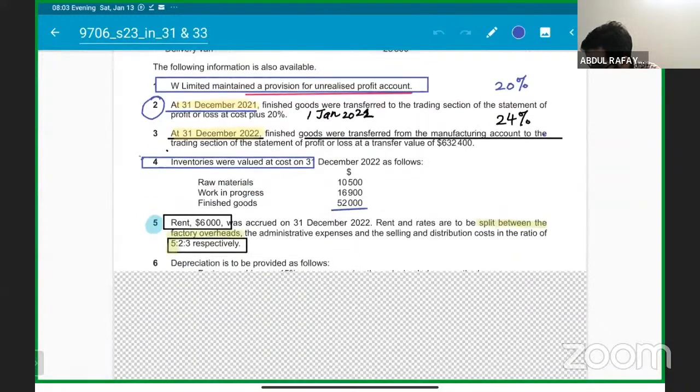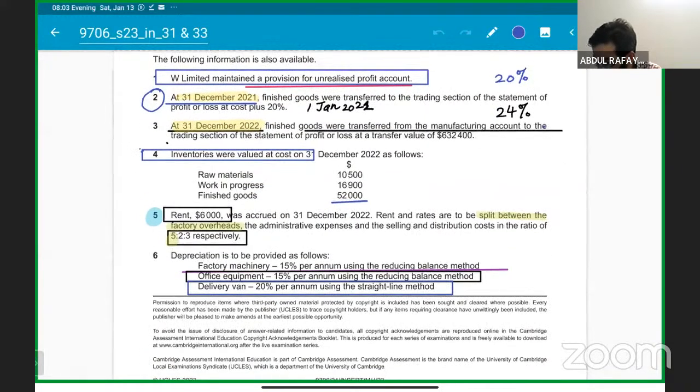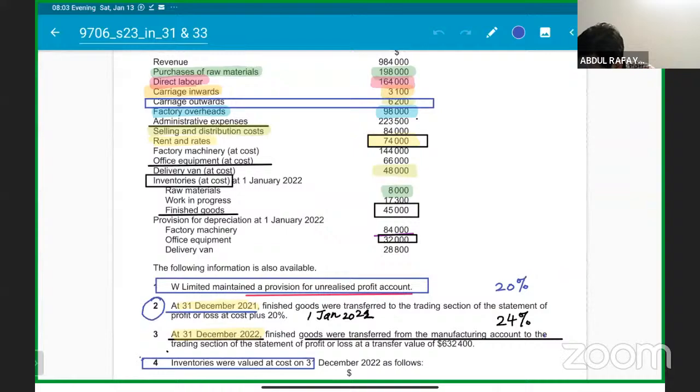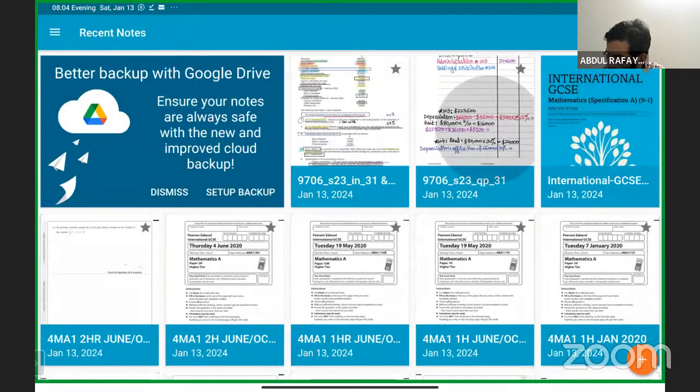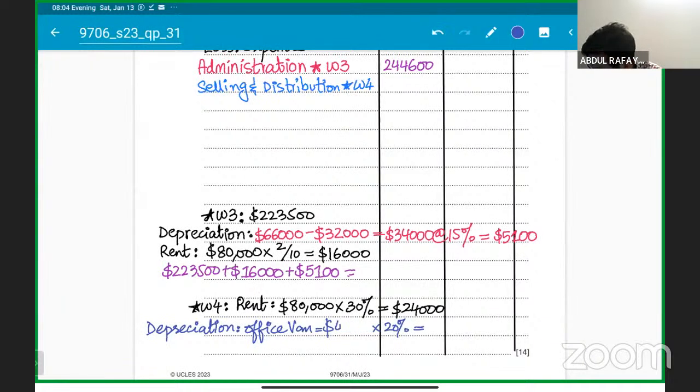It was also 20% delivery van, okay, using the straight line method. And it's 48,000 the cost. So the cost is 48,000 and the rate is the same. My bad. It is 48,000 into 20%. Okay, guys, got it clear? So it's coming 9,600 as the depreciation for the office van.